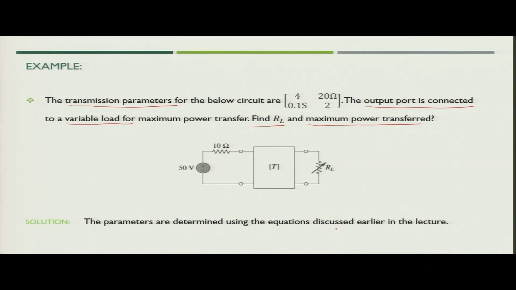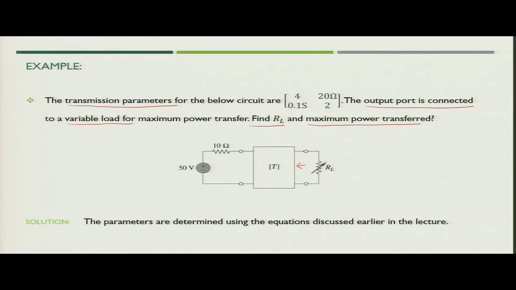So, what we will do? We will utilize the same process which we discussed. We will first put output port open circuit and then short circuit to find out the relationships, and when you are required to find out the value of RL for maximum power transfer, the objective will be to find out the Thevenin equivalent of the circuit which is left to the RL.